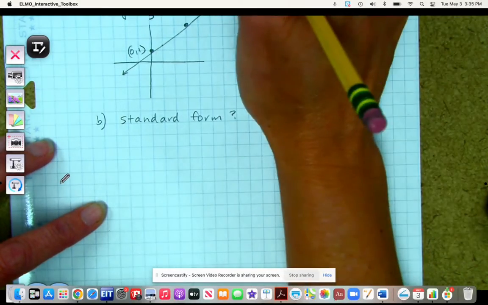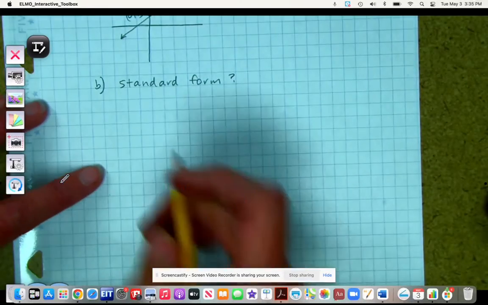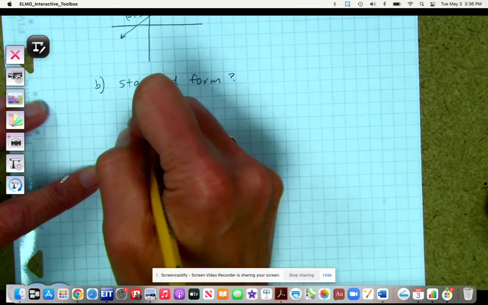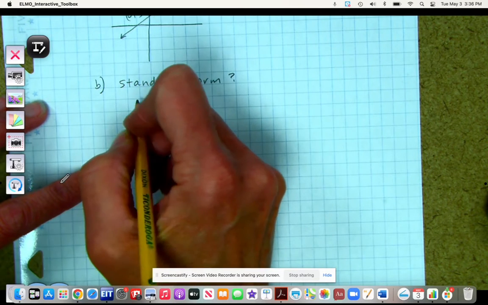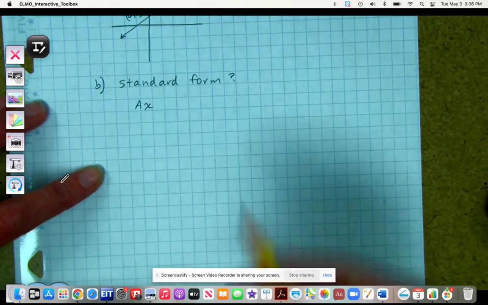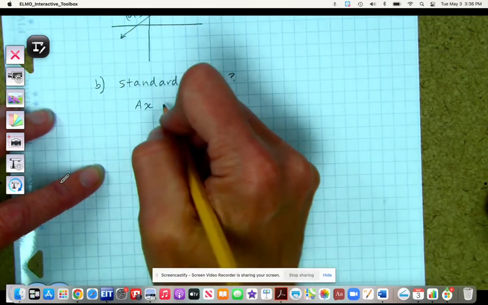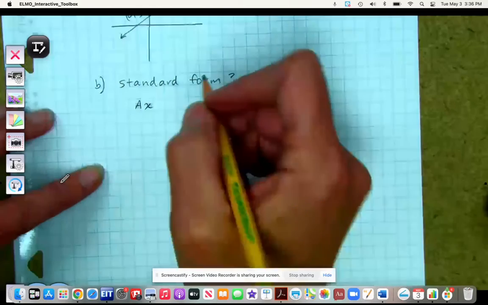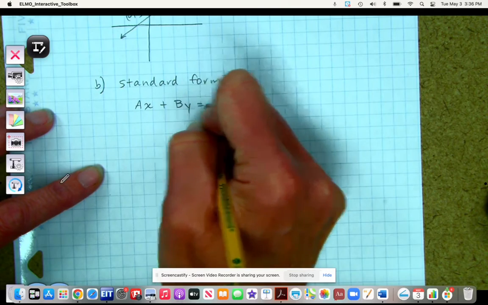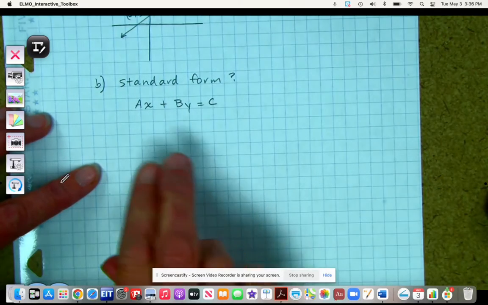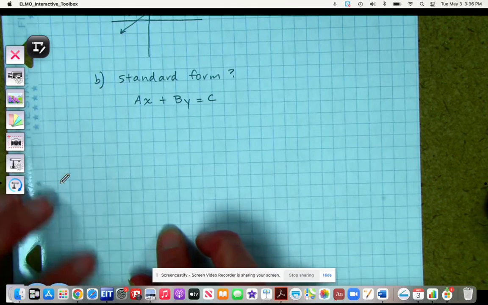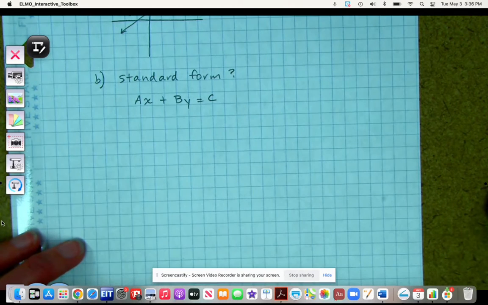Standard form, we've seen with the caps and t-shirts problem, and the homework problem about dimes. So let's say we've got ax plus by equals c. On that one, standard form, the x and the y end up being on the same side, and a lot of word problems fit more naturally into that format.